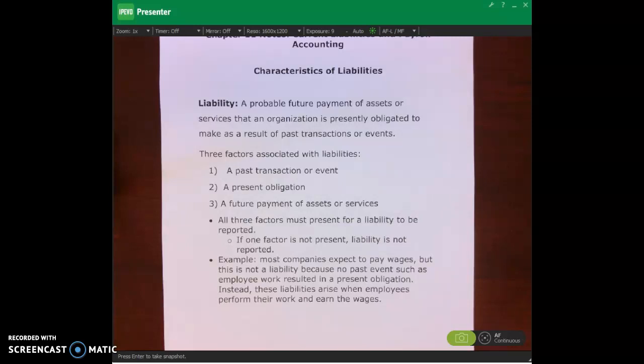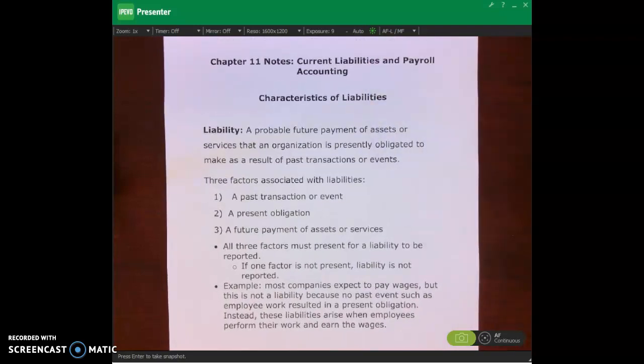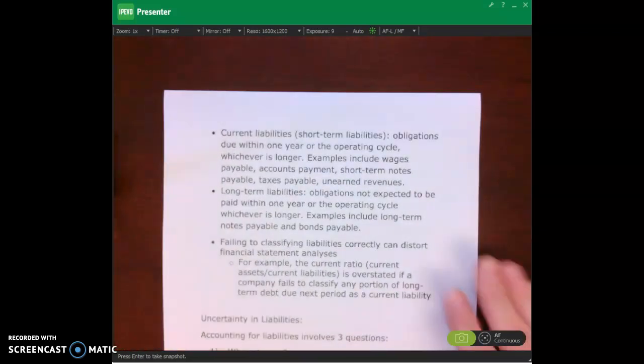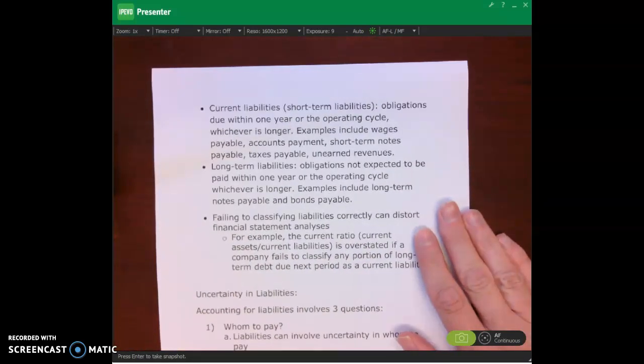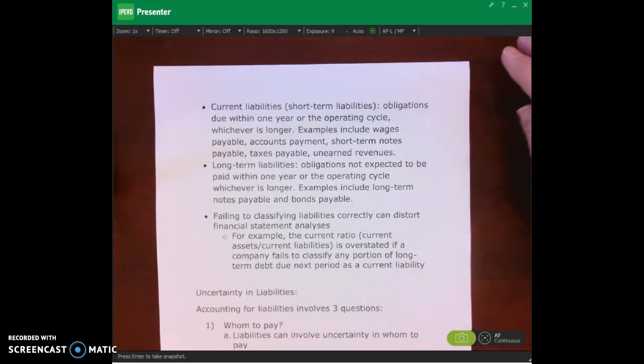So again, with Chapter 11, we're talking about current liabilities. Okay? Focusing on current liabilities. In Chapter 14, which we'll talk about in Accounting 102, we talk about long-term liabilities. So let's talk about those differences between current and long-term liabilities again. So remember, current liabilities are those obligations due within 1 year or the operating cycle, whichever is longer.